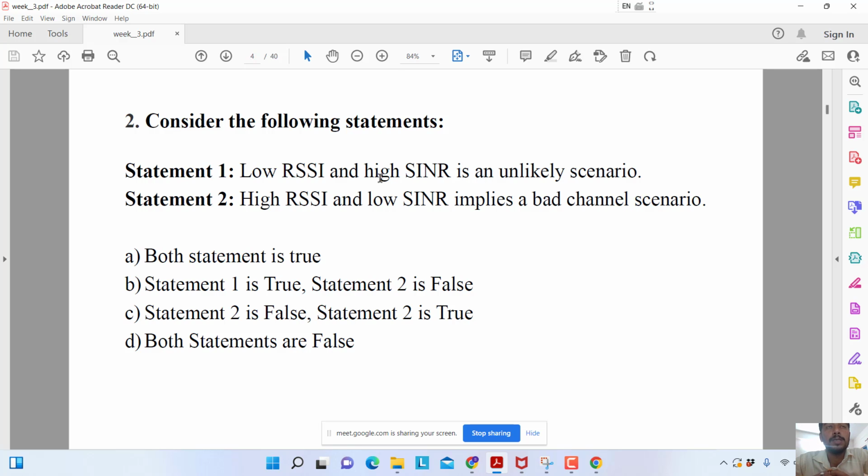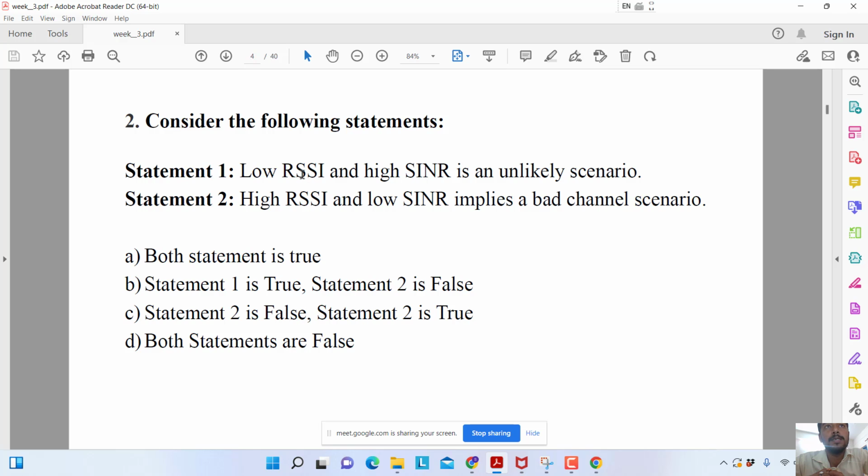Okay, the significance of the low RSSI. Basically, we have two types of RSSI, high and low. Low RSSI means we are beyond the edge of the cell. High RSSI means we are just near the base station.